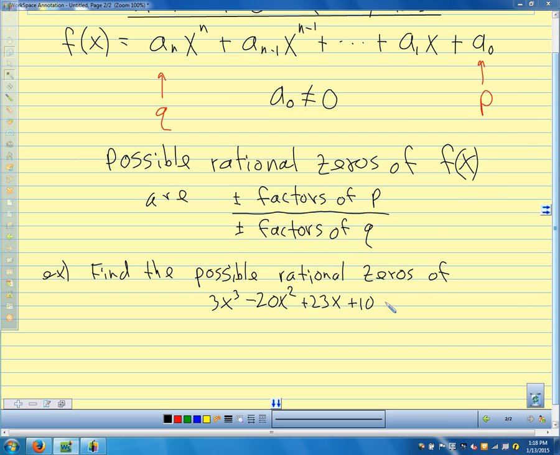So always when I do these kinds of problems, I always label my P and my Q.